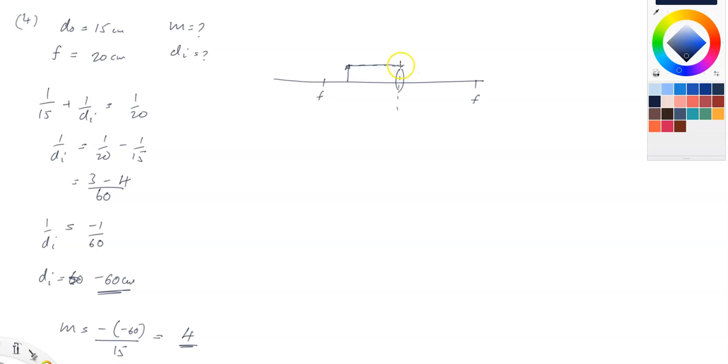Comes in, goes like that, goes like this, extend till they meet. We are looking at it from here, so we have a big upright virtual image. So if object is 1 centimeter tall, for an example, this is going to be 4 centimeter tall, and magnification is 4.